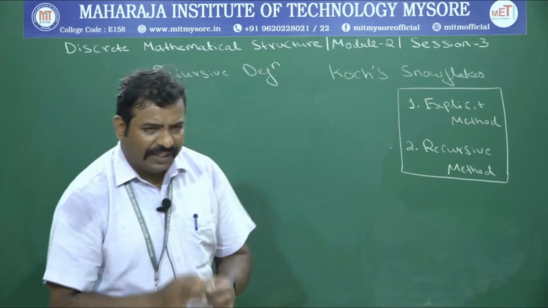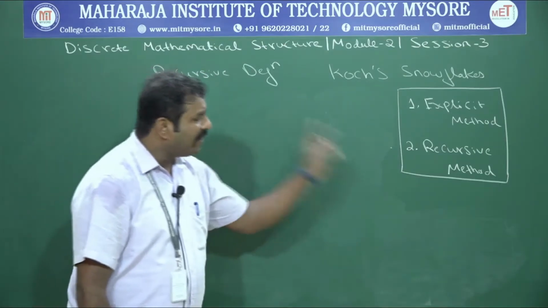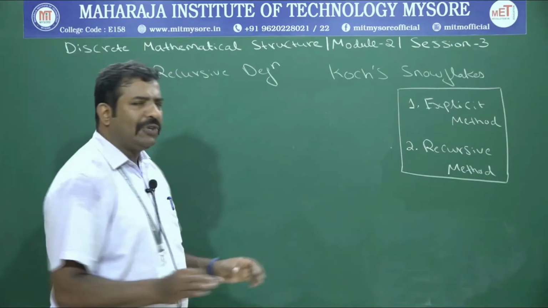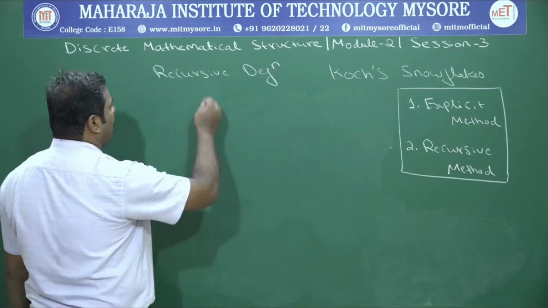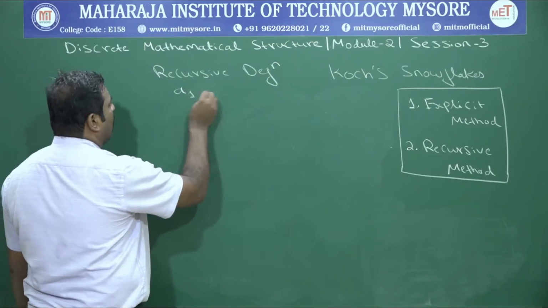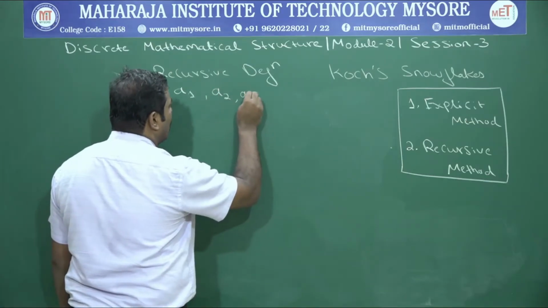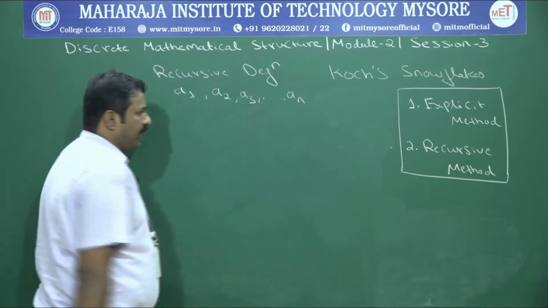Fine. So now, whenever you want to have this particular recursive method or explicit method, it is sure that I need to have a set of elements. Something like I am going to have the element 1, which I present as A1, and I am going to have A2, and A3, hence I am going to have n number of elements.